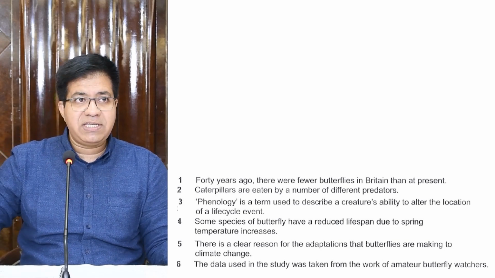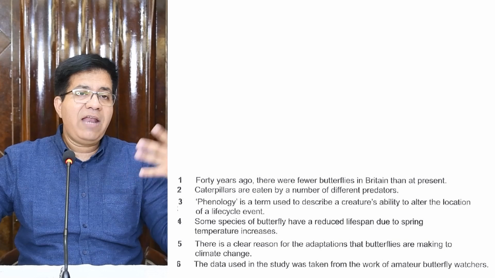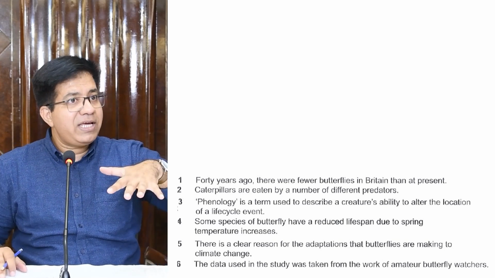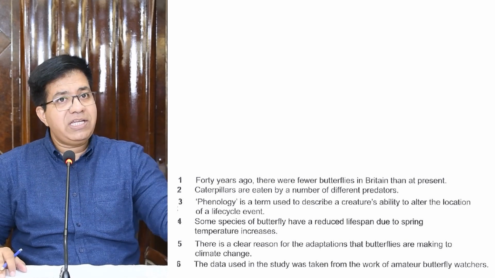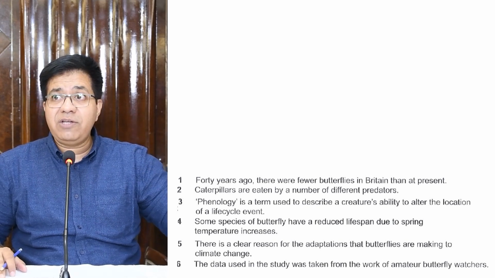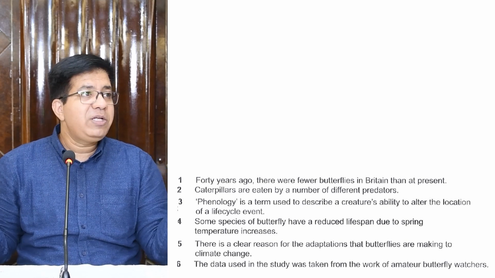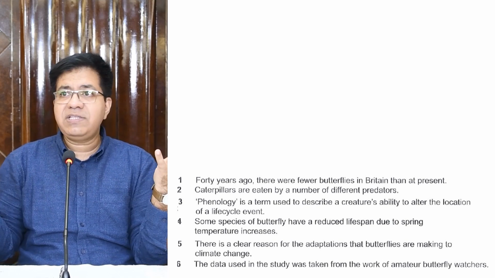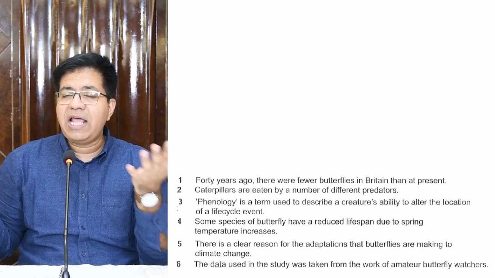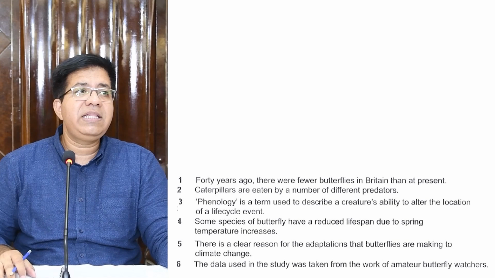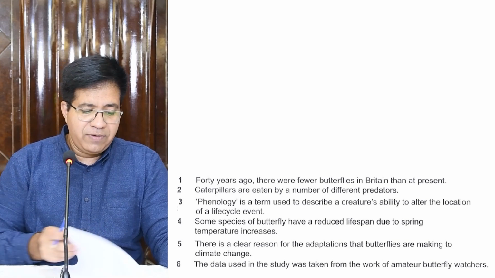So if at present there are more butterflies than 40 years ago, answer is true. And if now there are fewer butterflies than 40 years ago, means 40 years ago there were many butterflies, but now there are fewer, answer is false. And if they don't give us this comparison of 40 years before, fewer or more, then the answer will be not given.